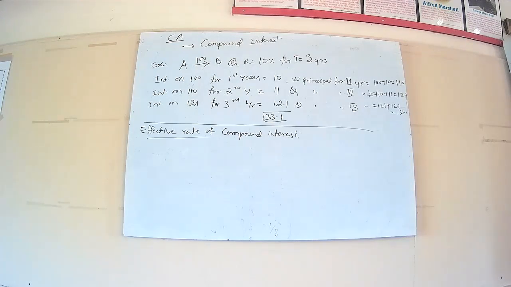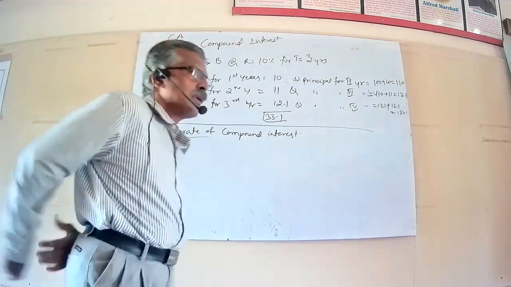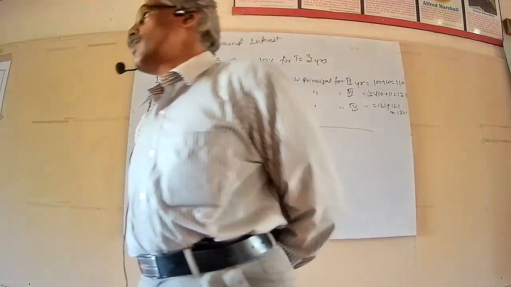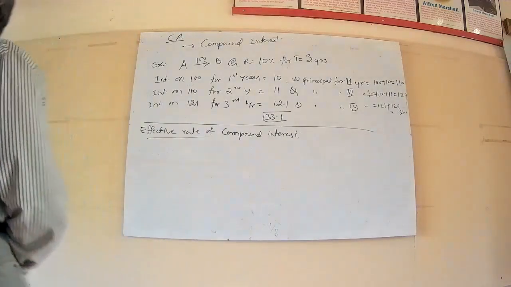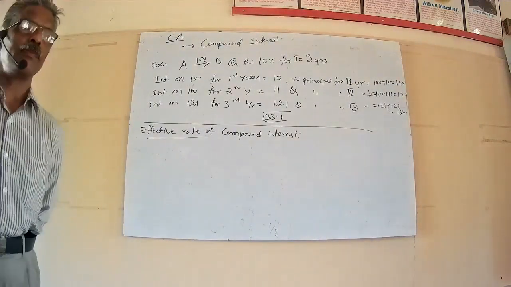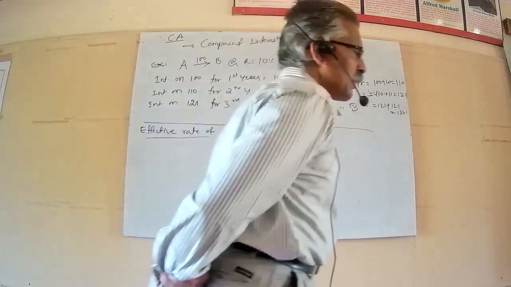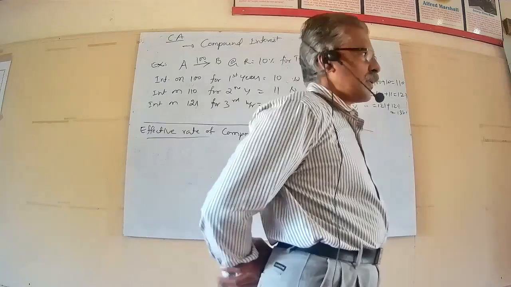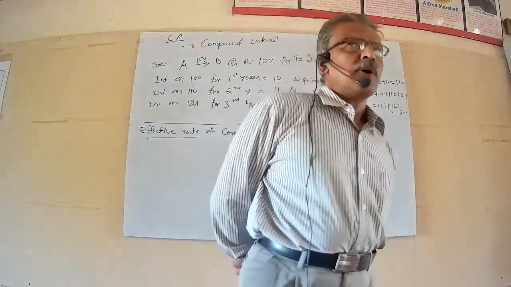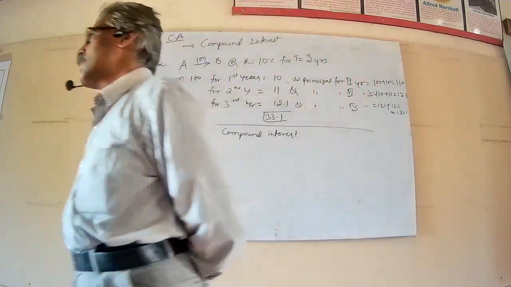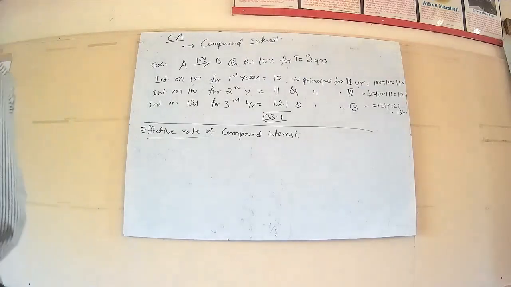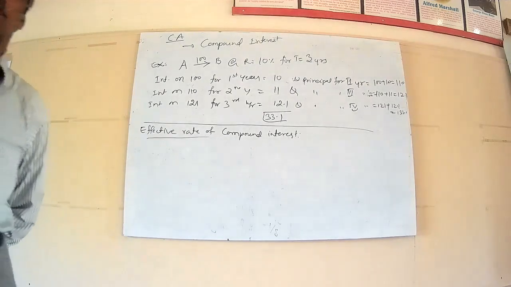After a year, suppose you have invested, say, 5,000 at the rate of 10%. After 1 year, the interest at the rate of 10% is rupees 500.